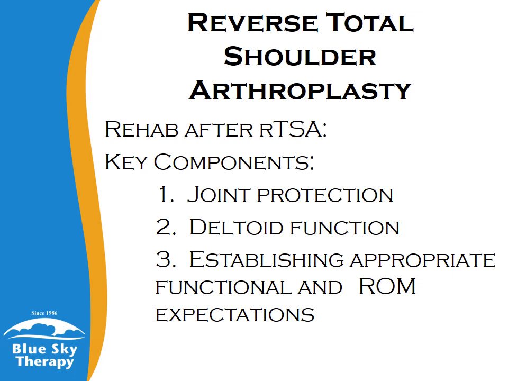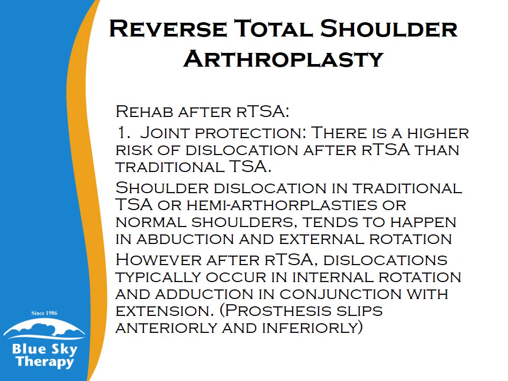Key components of rehab after the reverse are joint protection, deltoid function, and establishing appropriate functional and range of motion expectations. Joint protection. There is a higher risk of dislocation after a reverse procedure than with traditional shoulder arthroplasty.